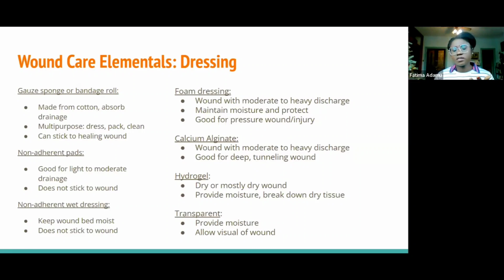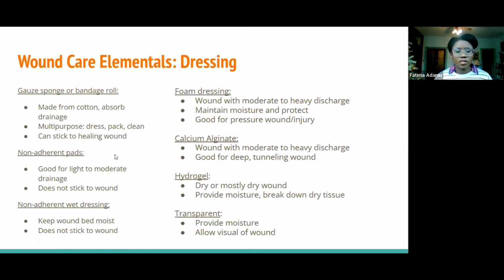So that's a very basic rule of thumb, because there are some dressings on the right side of the screen to keep in mind that do not stick to the wound. Tricky thing is, people may not have access to those, but it's very important for you to be aware that they exist, right? Non-adherent dressing.